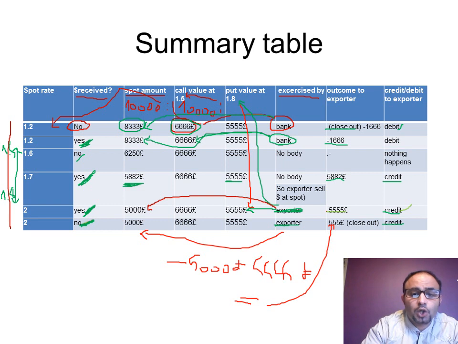If you take the call option value, which is 6,666 in this case, 10,000 divided by 1.5, it means that the bank will pay 6,666 pounds to UK Best to get the dollars by exercising its option at 1.5, rather than buying the dollars from the market, in which case it will pay 8,333.